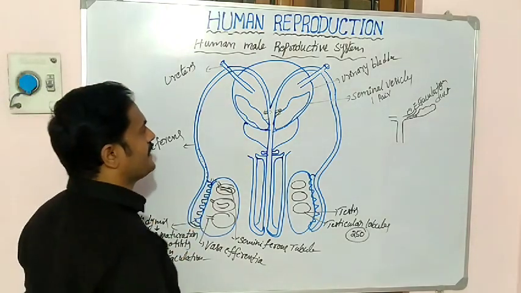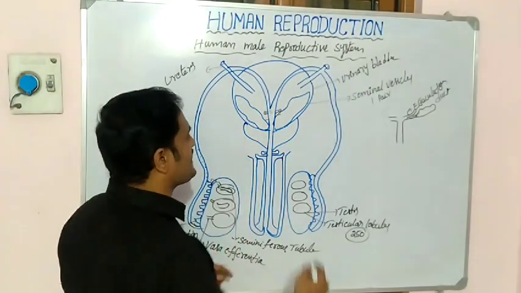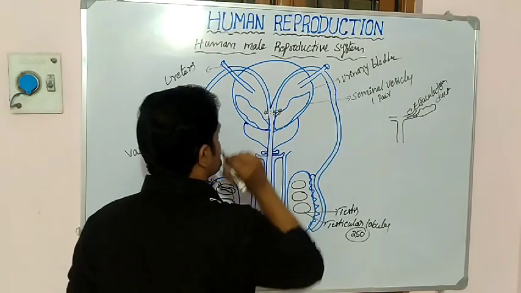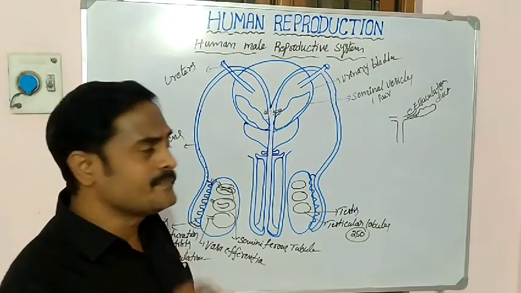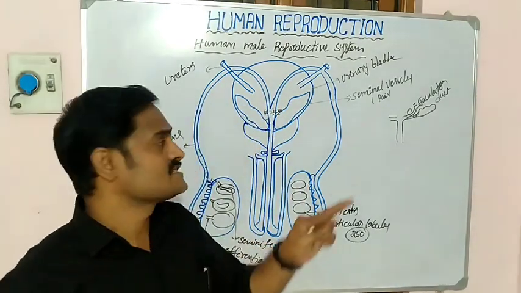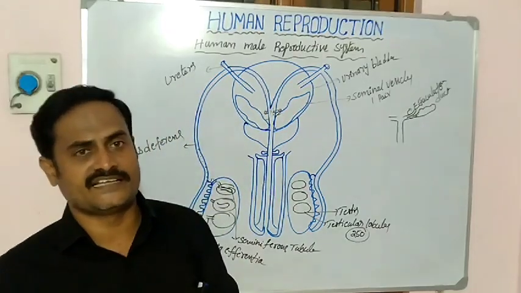At the same time, the seminal vesicles release their secretions into the ejaculatory duct. So both the seminal vesicle secretions and sperm cells are released into the ejaculatory duct.